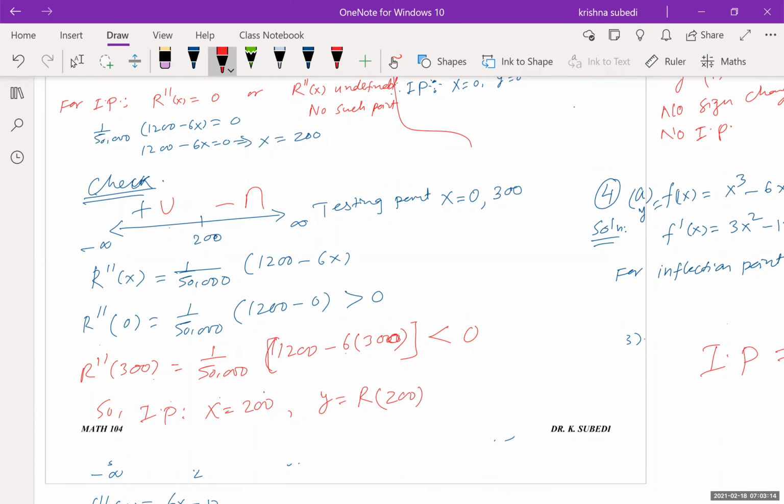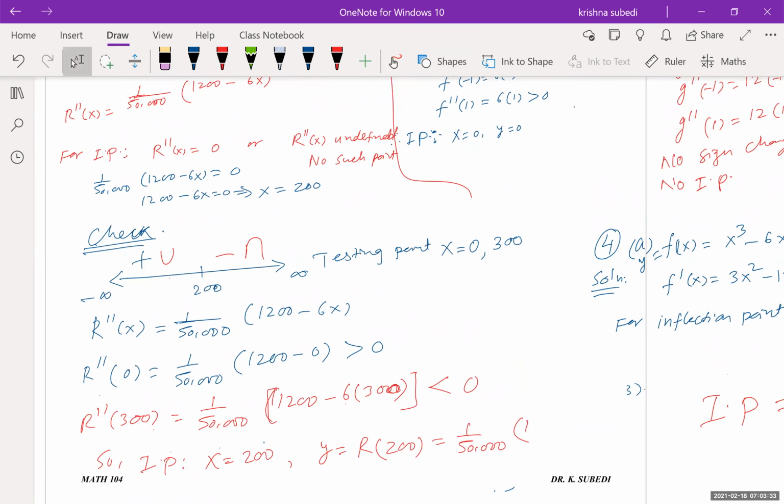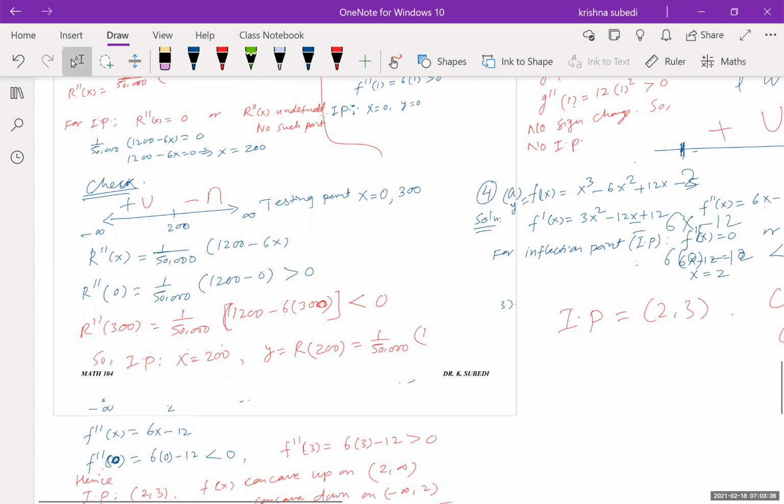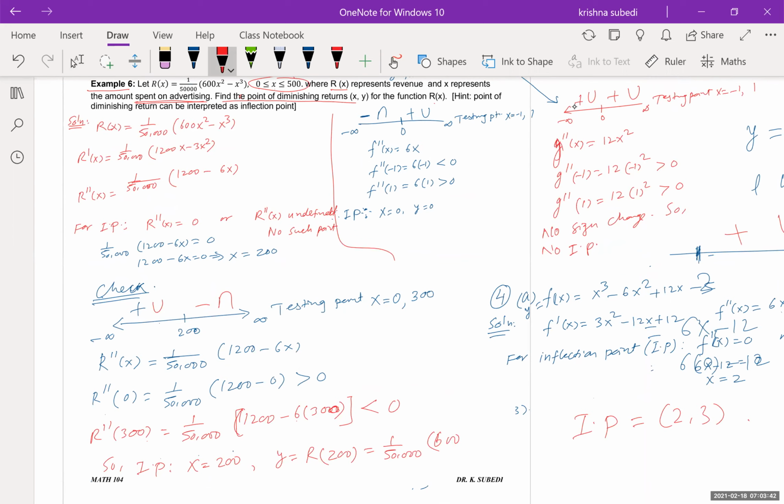Y means the original function, which is 1 over 50,000 times 600 times 200 squared minus 200 to the power 3.